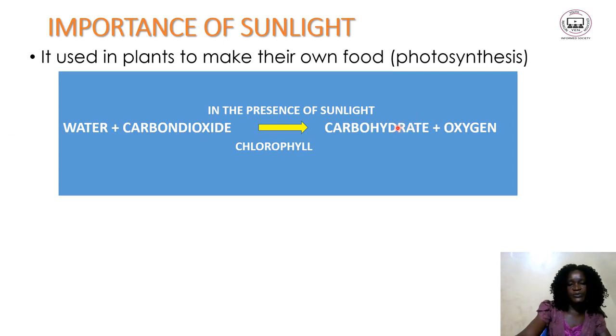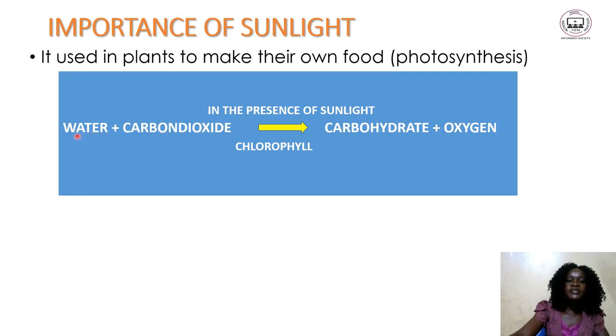The raw materials are water and carbon dioxide, and the output is carbohydrate and oxygen. So this is the process of photosynthesis. In order for it to take place, plants need raw materials like water and carbon dioxide.